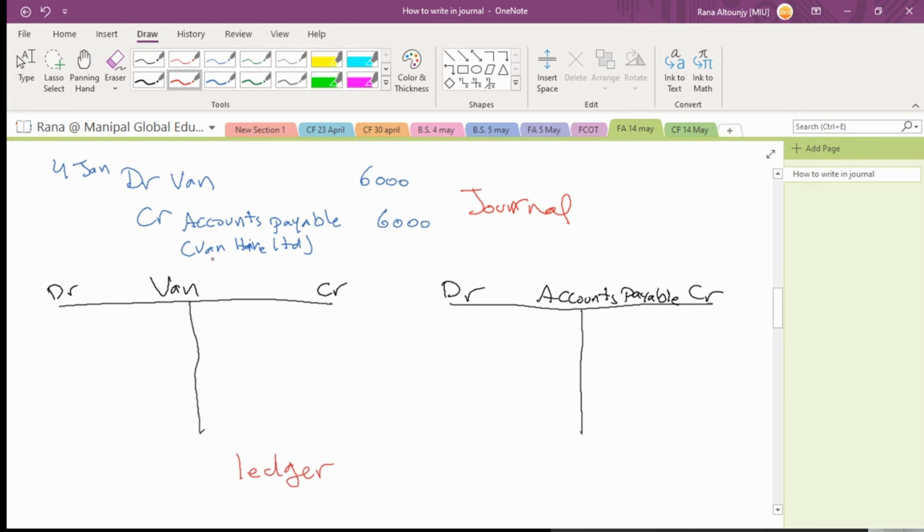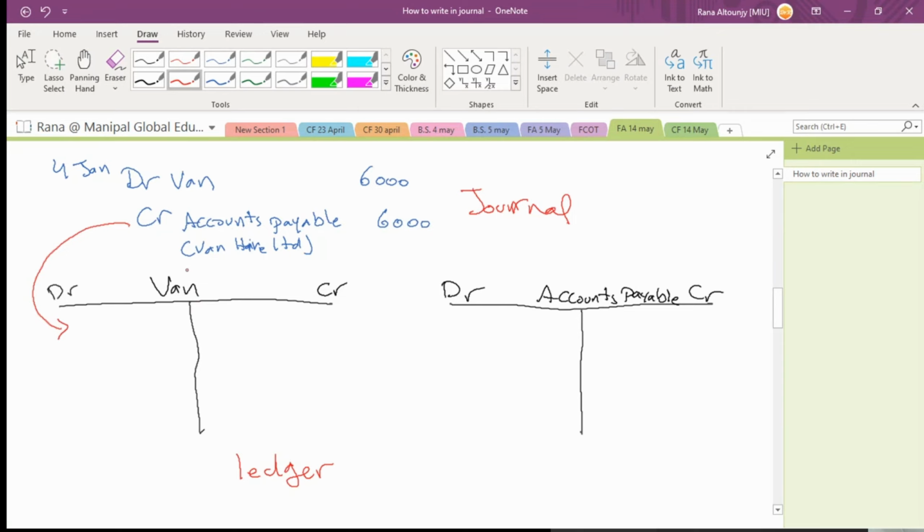Okay, so we need to transfer the transaction. Van is in the debit side. It means we need to write in the debit side of the T account. We should take the other side of the transaction and transfer it to here. So again, if you want to know from which side we need to write, we want to see this account is located in which side of the transaction.